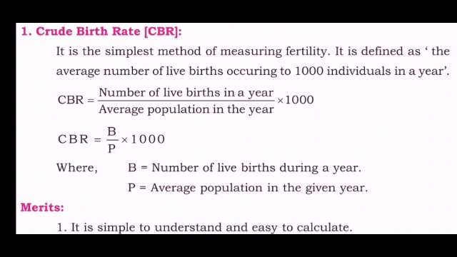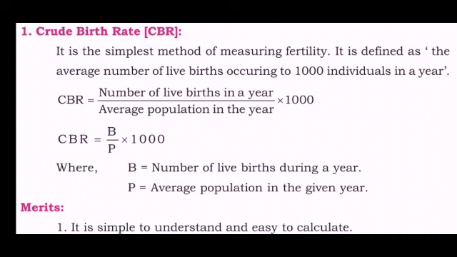So here, as the term crude indicates not separated, when it comes to the population, we all know only females of childbearing age will give birth to the babies, and the male population and also females other than childbearing age will not give birth. So in this calculation of CBR, we include the entire population irrespective of their gender and age. So it is called a crude birth rate.